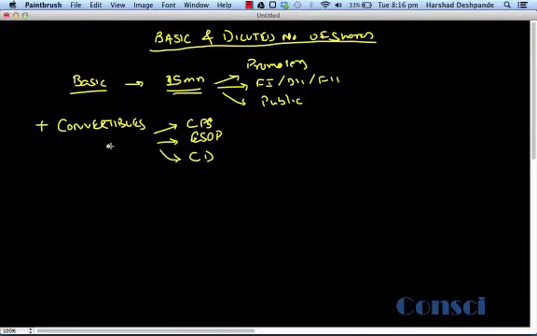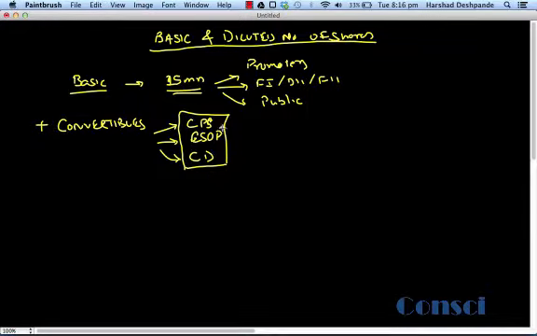So these are some of the examples that I'm sharing with you which can form part of convertibles. These are the shares which are probably issued, but the equivalent of them is not converted into actual number of shares right now.